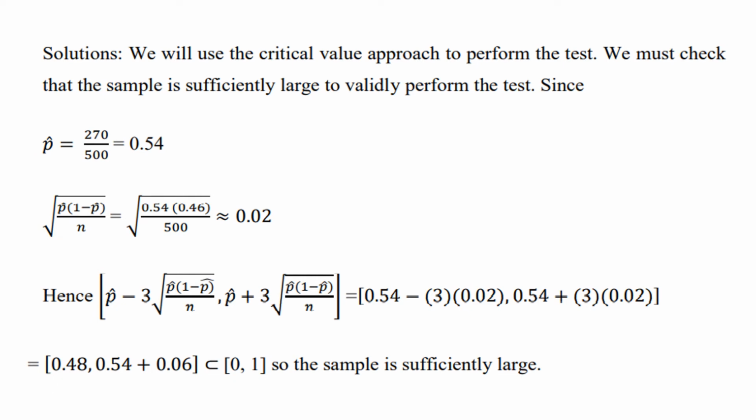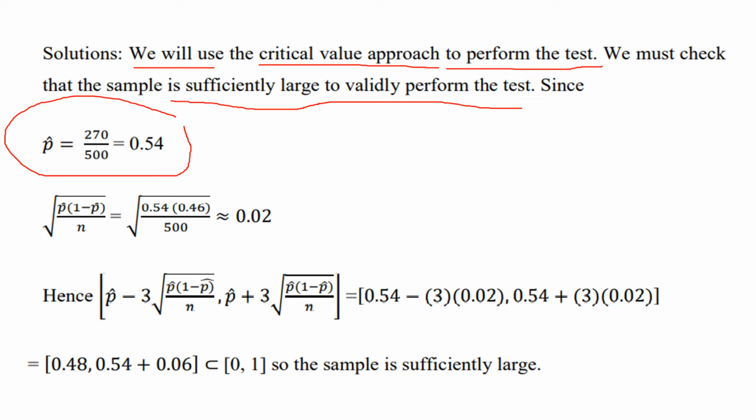So for our solution, we will use the critical value approach to perform the test. So we must check the sample is sufficiently large to validly perform the test. Since here there's a formula for population proportion, since 270 choose the soft drink maker, no, over 500, so the population proportion that deals with their beverages is 0.54.